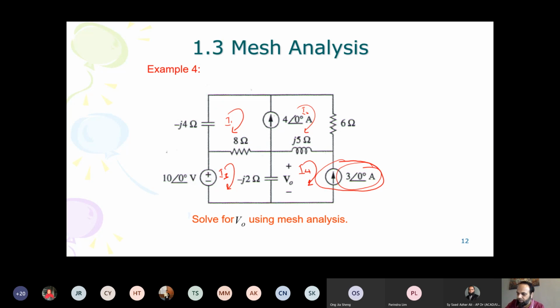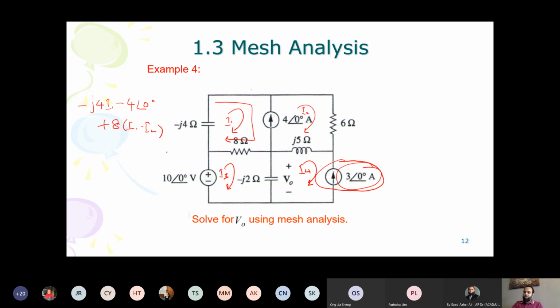But if we start writing the equation, let me again be the devil's advocate and write the equation for mesh 1: minus j4 I1 minus 4 angle 0 plus 8 (I1 minus I2).